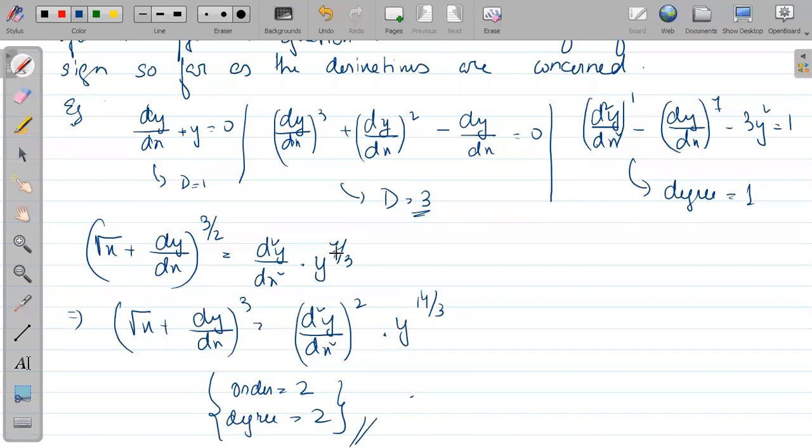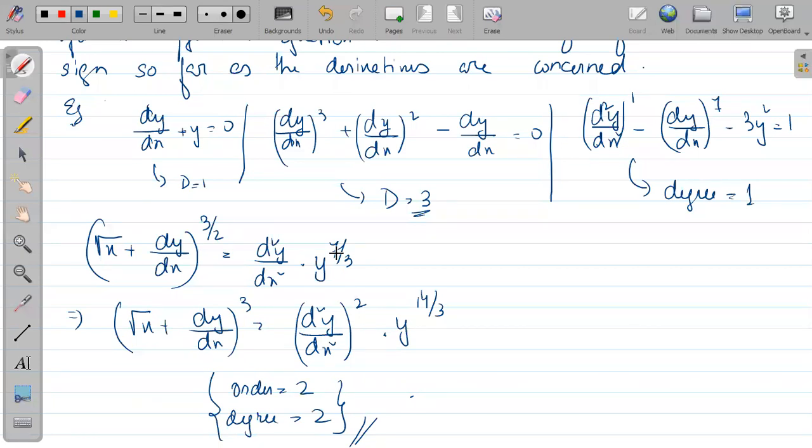If the equation cannot be expressed as a polynomial of derivative, then we cannot find the degree of that differential equation. If any equation cannot be expressed as a polynomial in derivatives, then we won't say anything about the degree of that differential equation. Is it clear?